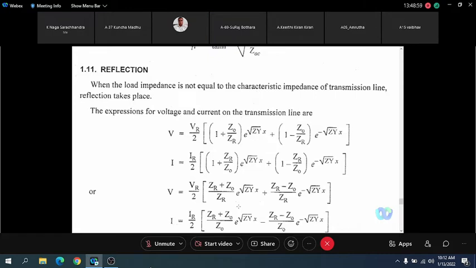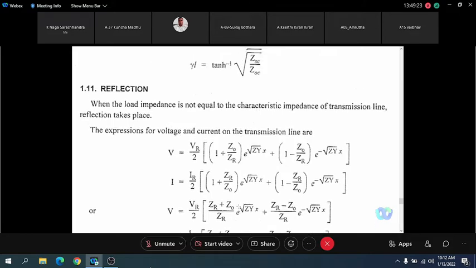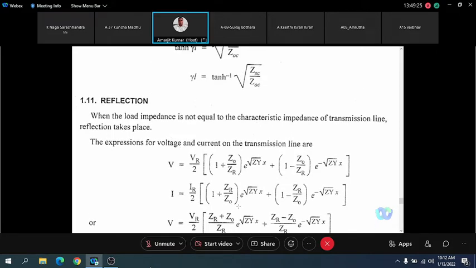Okay, so next we have reflections. So if you remember, we had written voltage and current in terms of hyperbolic function and also in terms of ZR minus Z0 divided by ZR plus Z0. So if the load impedance is equal to the characteristic impedance, then what will happen?